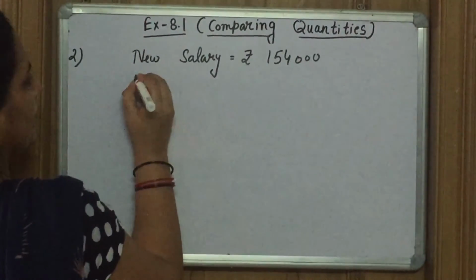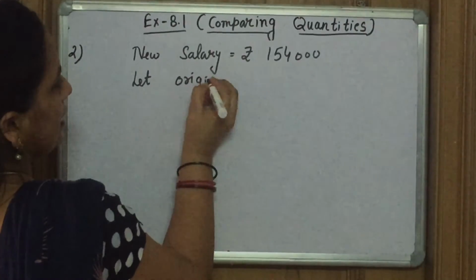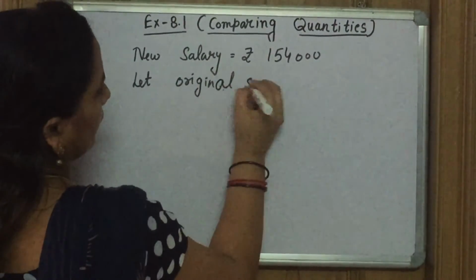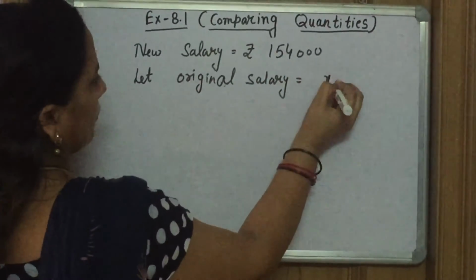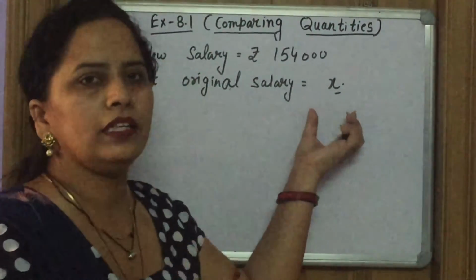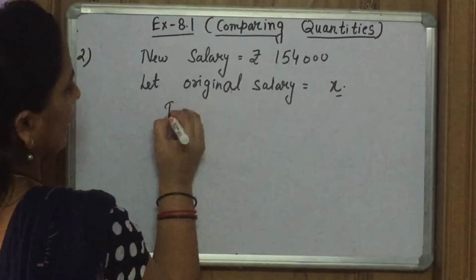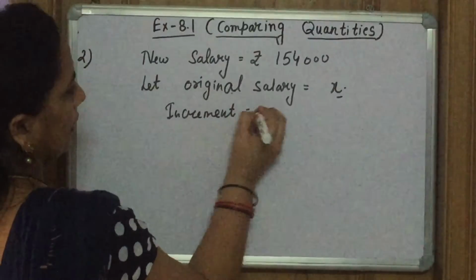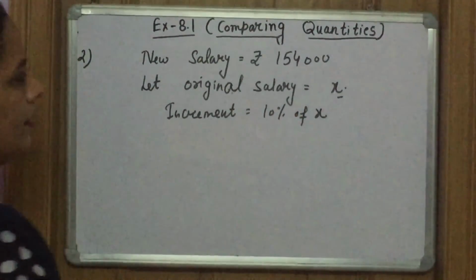For this purpose, what will we do? Let the original salary be X. On this salary, he got an increment of 10%. Then we can say that the increment is 10% of the original salary.